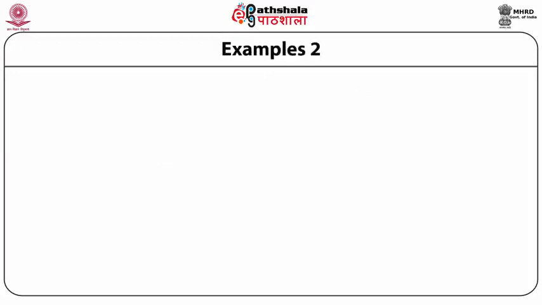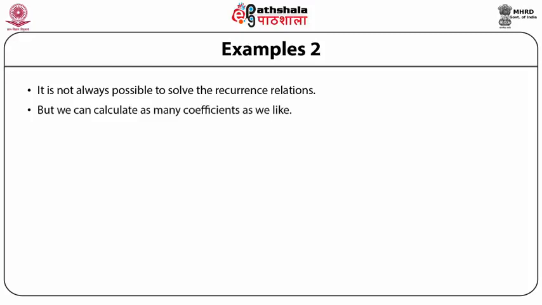Now we present another example. It is not always possible to solve the recurrence relation to get the coefficients explicitly as functions of the index i, but we can calculate as many coefficients as we like.